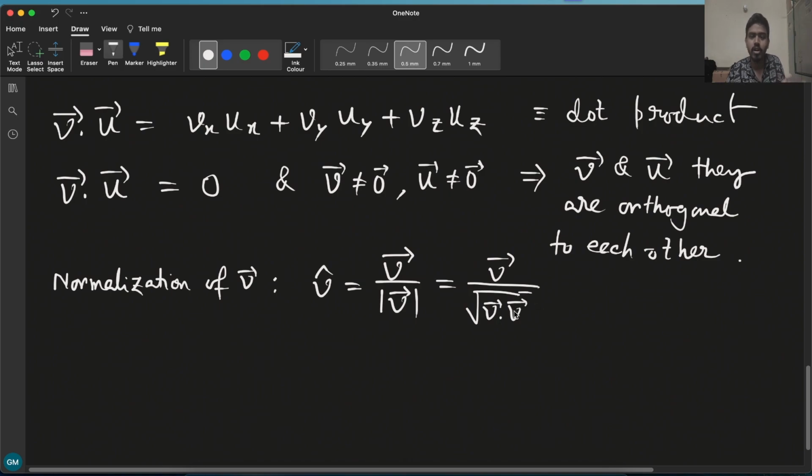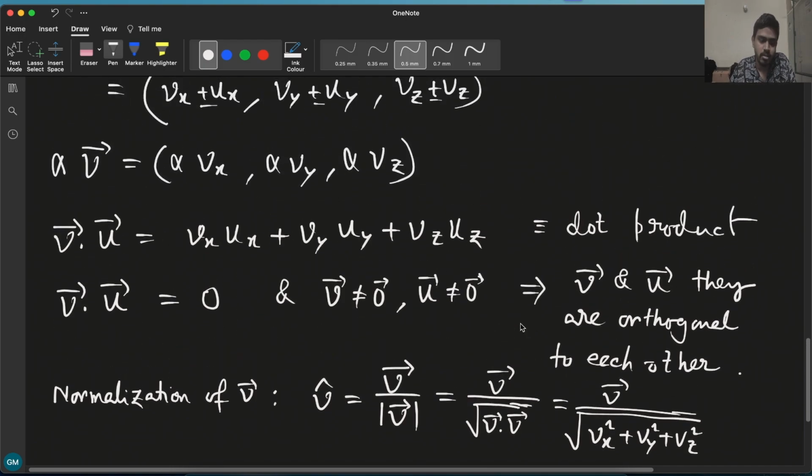The dot product with itself, root of that, is nothing but the square root of vx square plus vy square plus vz square. So this is how we can normalize a vector. That means we can find a unit vector along that direction.